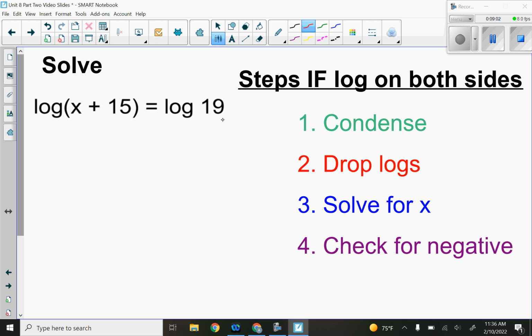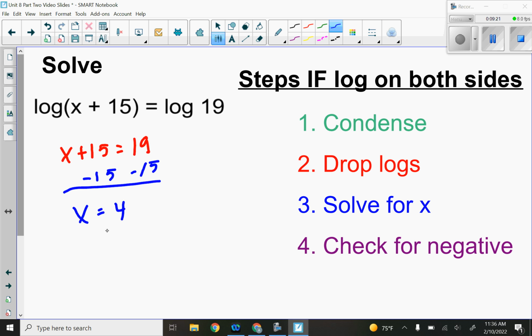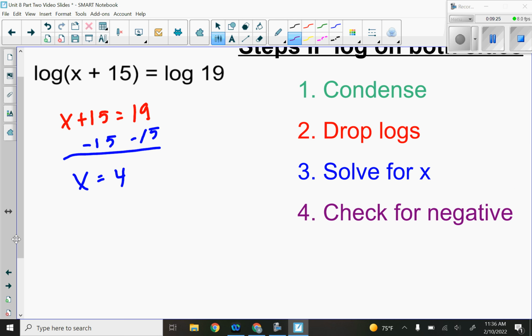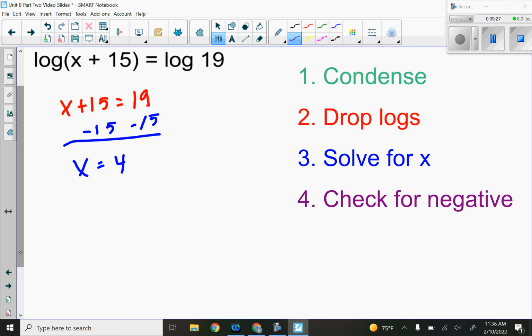What I mean by that is just look at it as x plus 15 equals 19. From here, solve for x, subtract 15, x equals 4. And then once again, we want to check and make sure that when we plug that back in, we're not taking the log of a negative number.